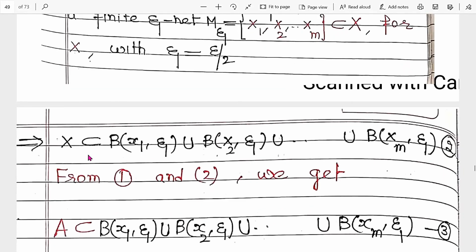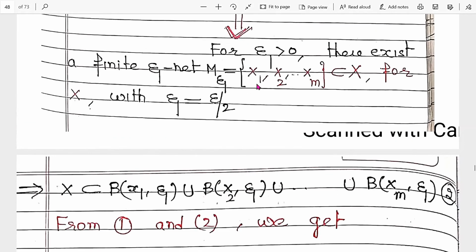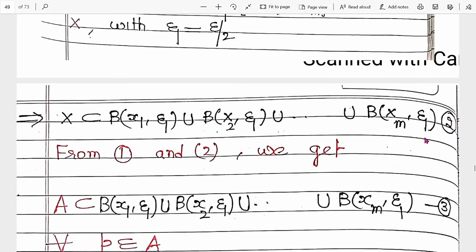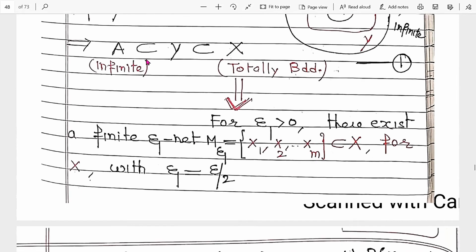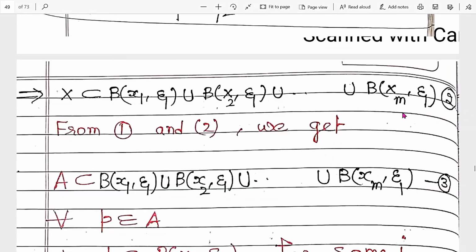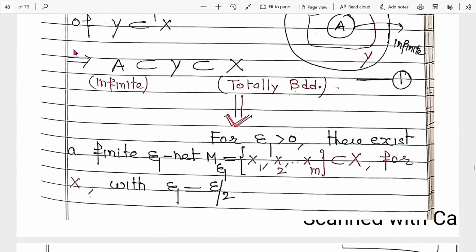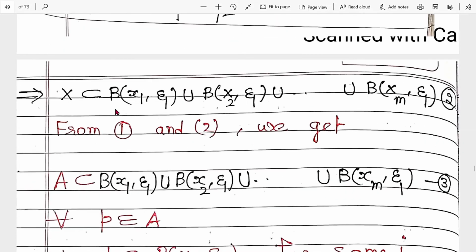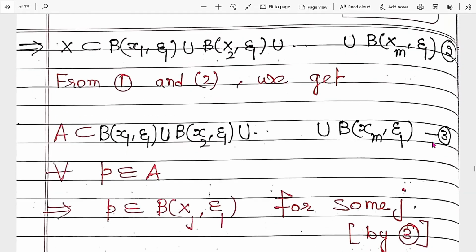Then X is contained in a finite union of balls with centers x1, x2, up to xn, because these are the vectors in the epsilon net. Now A is part of Y, Y is part of X, and X is part of this finite union. It means A is part of this union.